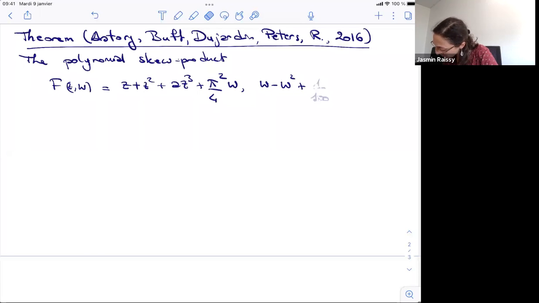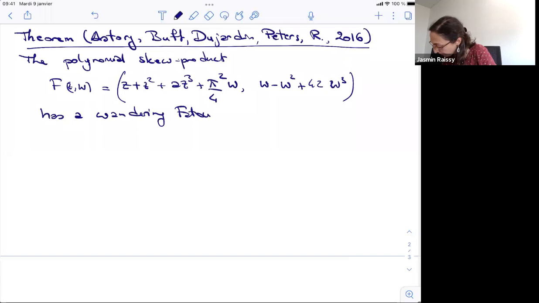Let's put 42, like w cubed, has a wandering Fatou component, if a is less than 1 and near enough to 1.